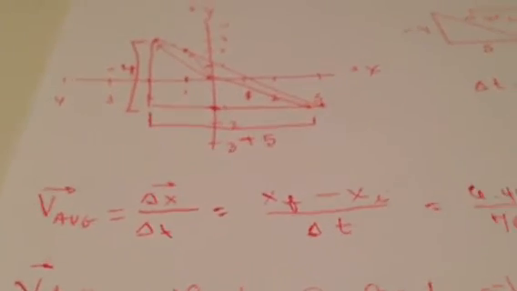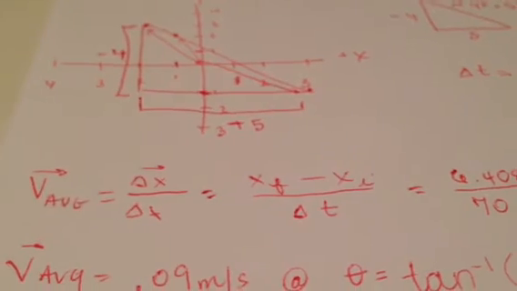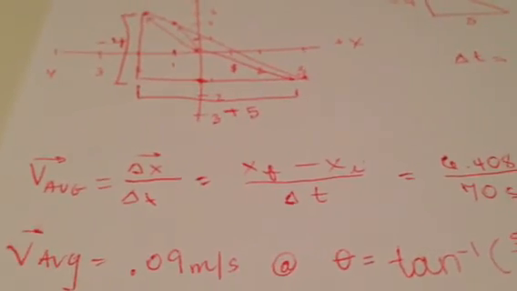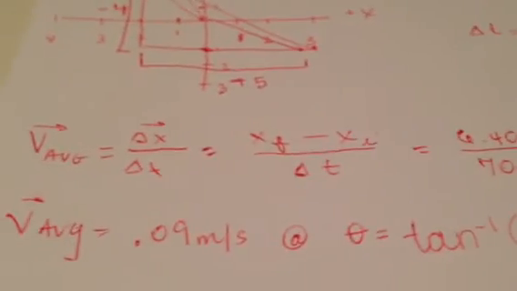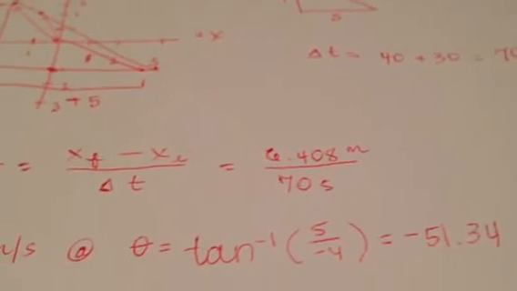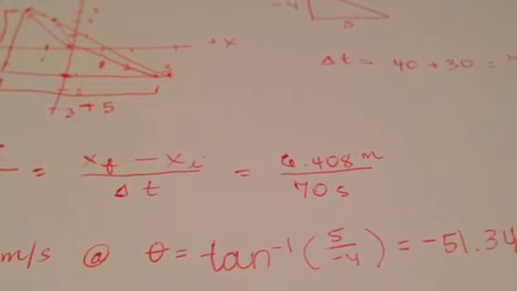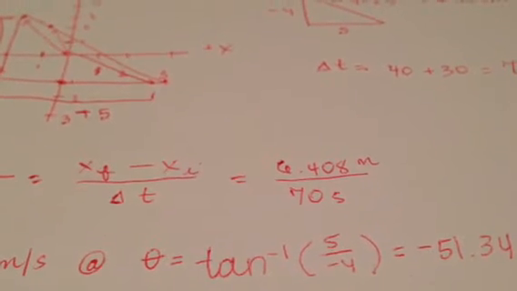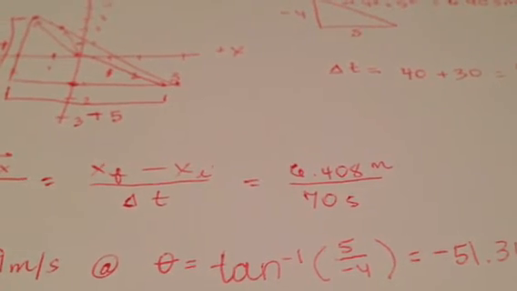Because it asks for average velocity, not average speed, we need to add a direction. That little delta means the change, so final minus initial: x final minus x initial.